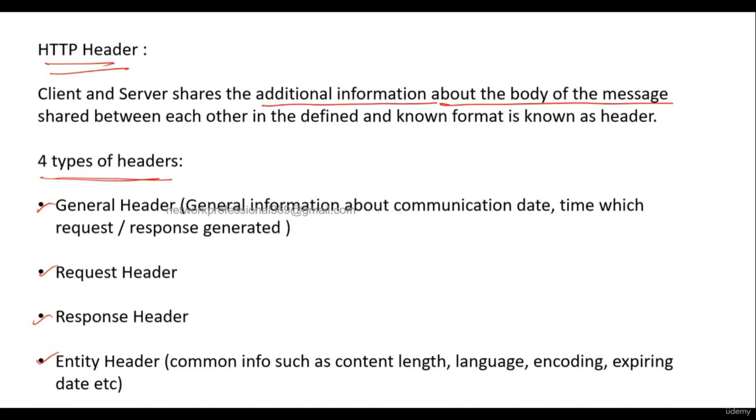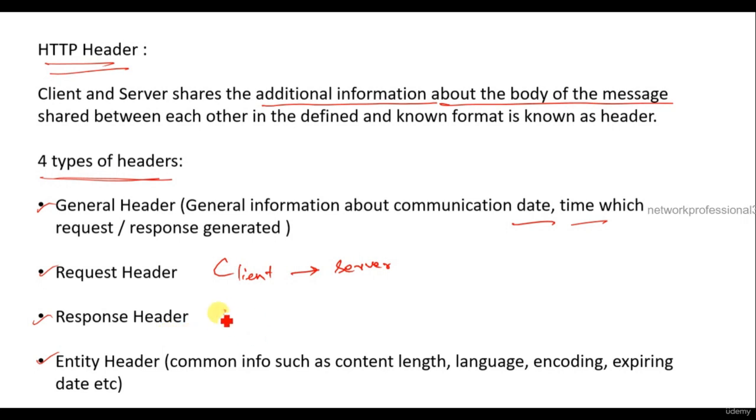The general header is basically general information like date, time, that kind of stuff. The request header goes from the client to the server. Maybe we will discuss it in the next slide in detail along with example headers.